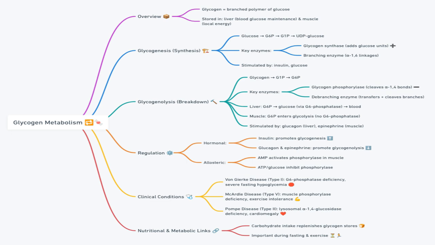Another deficient enzyme is lysosomal glucosidase, with an incidence of 1 in 200,000. That is Pompe disease, type 2, and it occurs in all tissues. Type 3 is limit dextrinosis, or Cori's disease, and the site of deficiency could occur in all tissues.